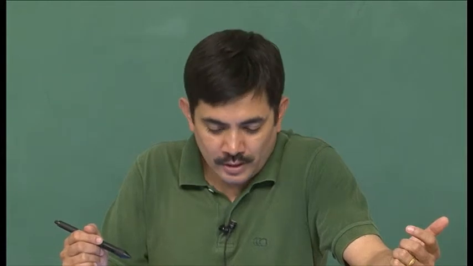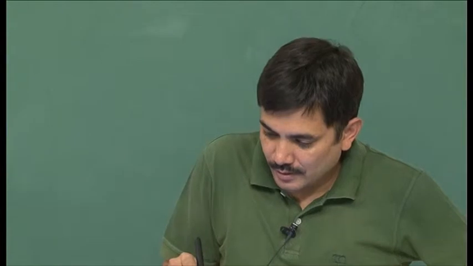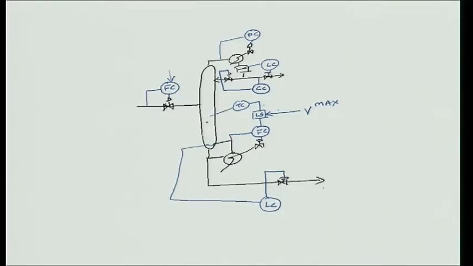What do we do then? Well, conventionally what is done is, you have another temperature controller, and I am calling it OTC, override temperature controller. What this temperature controller does is, it adjusts the feed. I will put a low select here.